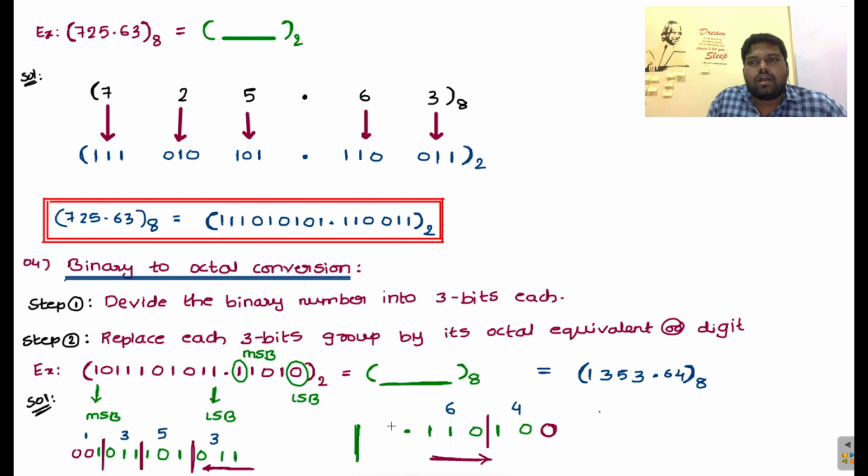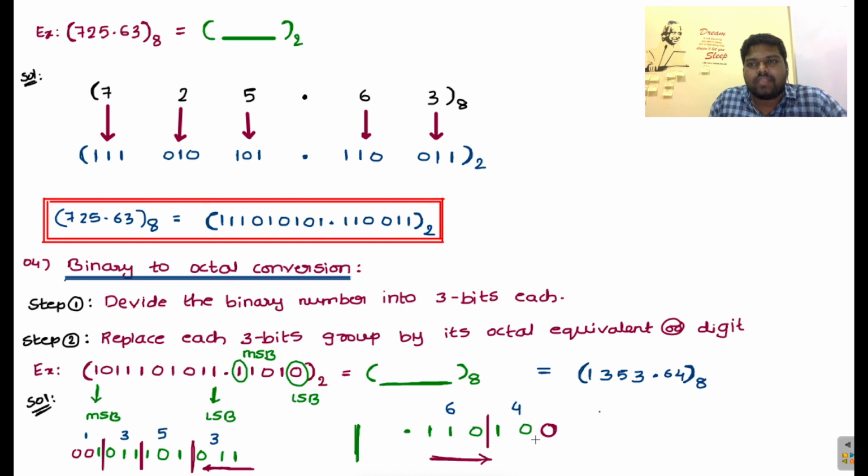Next we move to the fractional conversion. In this case we move from the most significant bit to the least significant bit, that means left to right movement, right? So from left to right you divide each 3 bits as a group. First, 110 is one group, and 10 is another group. But in the last group we have only 2 bits, and according to our conversion steps we need 3 bits.